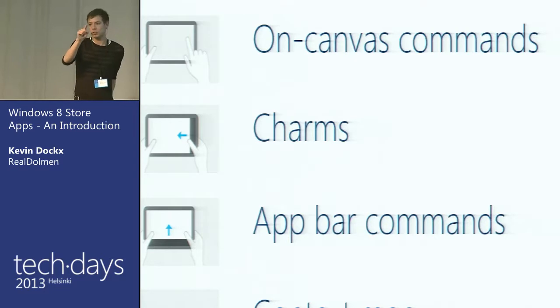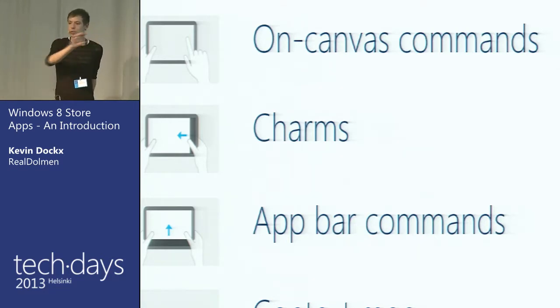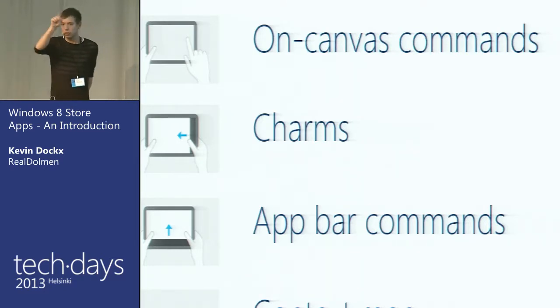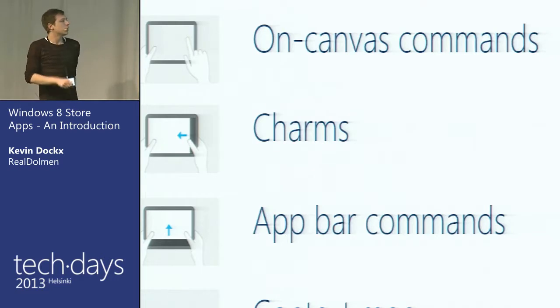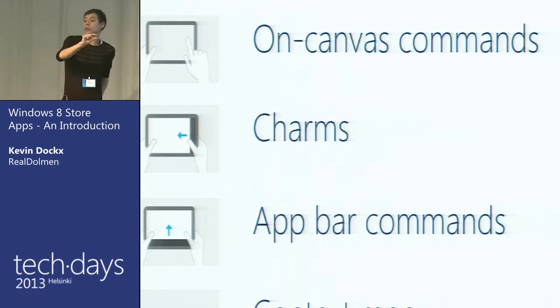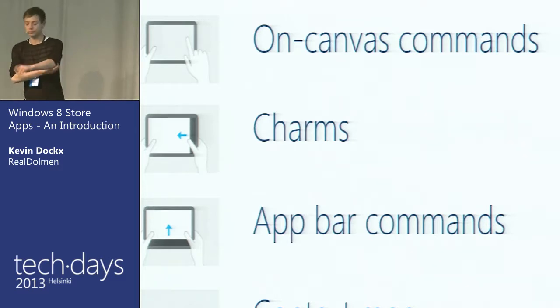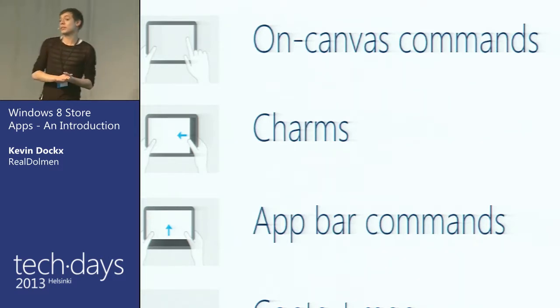Instead, just ensure that the app bar shows up once the user selects one or more of those employees, just by tapping them or swiping across them. The app bar shows up and shows context-sensitive commands. In this case, if one or more items have been selected, it will show a delete button on the left. So that's a way to get rid of all those commands on your screen. Just offload them to the app bar. Of course, there's non-context-sensitive commands like a refresh button, for example.